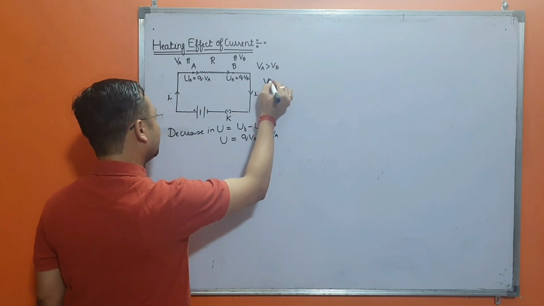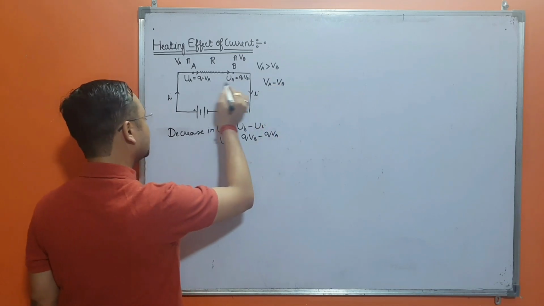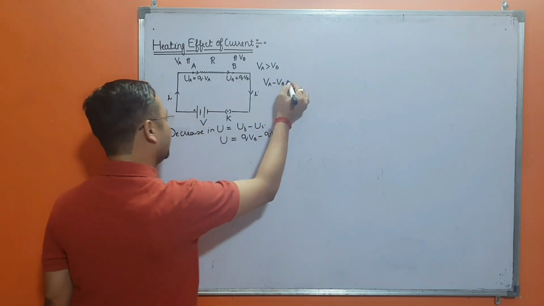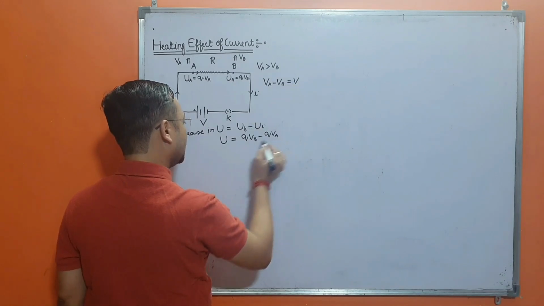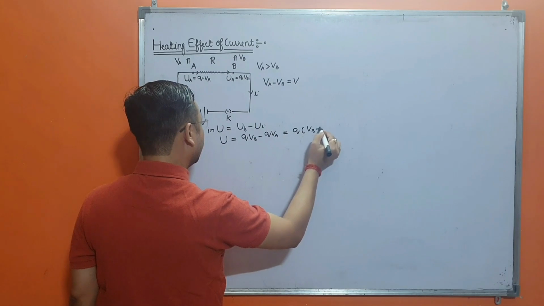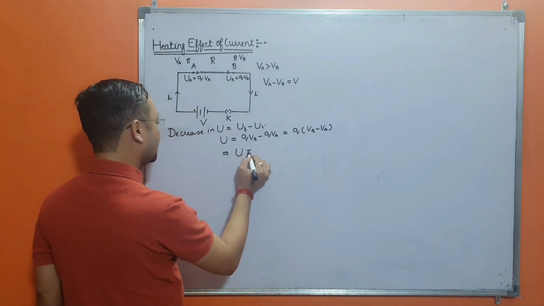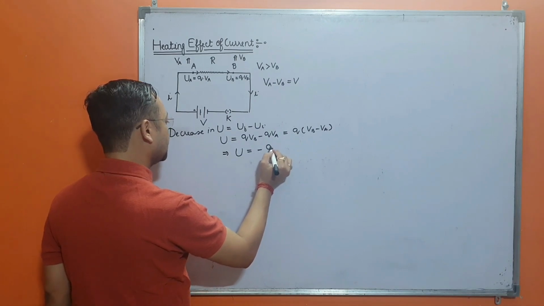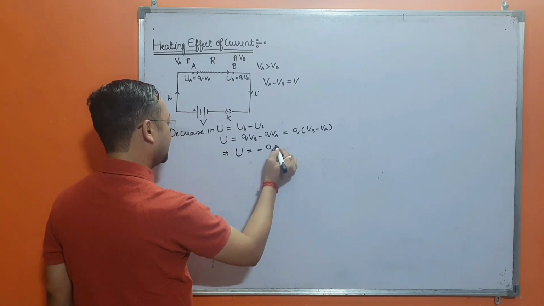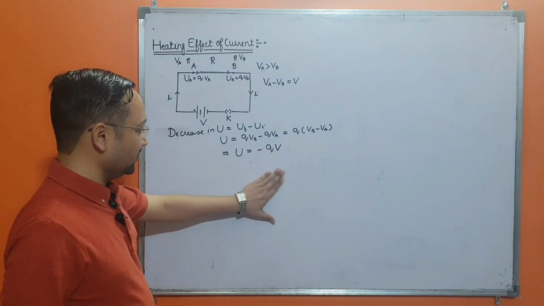I have said that VA minus VB, higher potential minus lower potential, will be equal to V volt. So this equals Q times (VB minus VA), and the decrease in potential energy will be minus Q times (VA minus VB), which is minus V. Therefore I have written a minus sign here, that is minus QV.